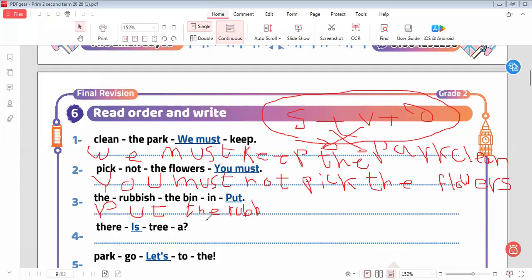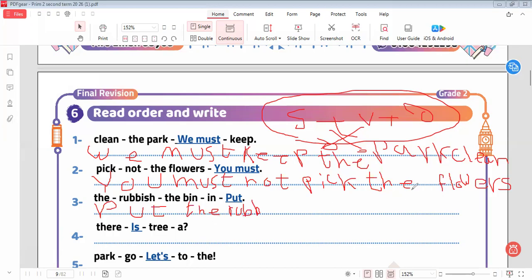For example, put the rubbish in the bin, listen to the teacher, stand up. All this means that I give you an order to do something. So I start the sentence with the verb. This is the special case.